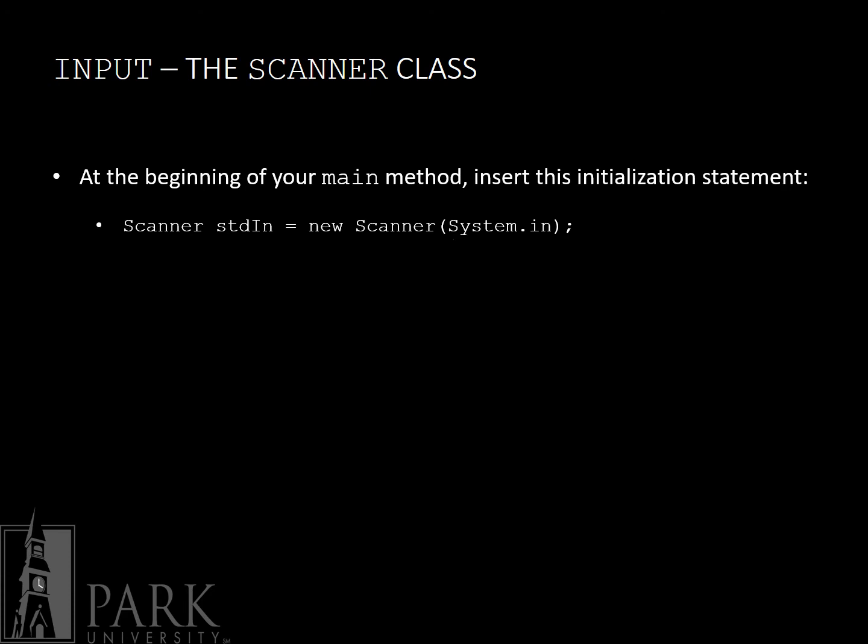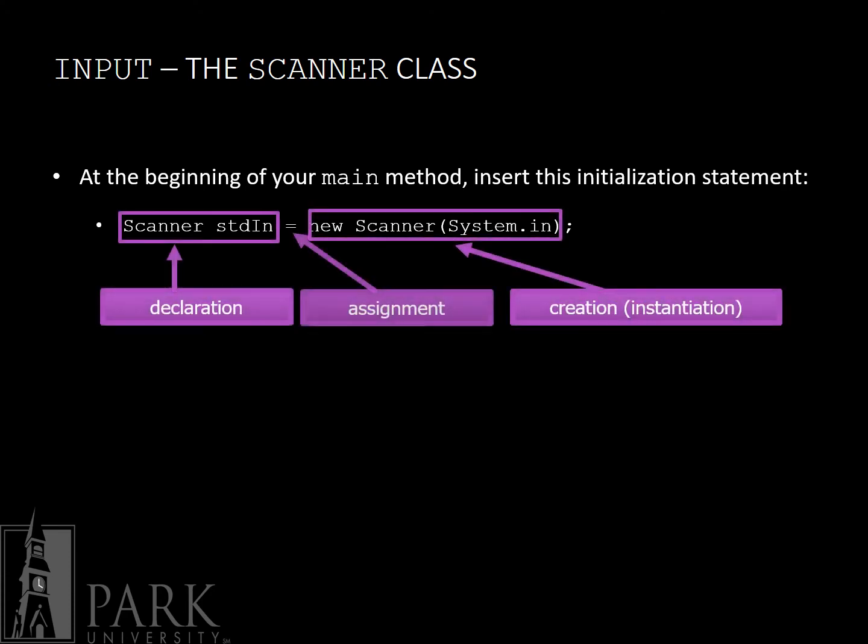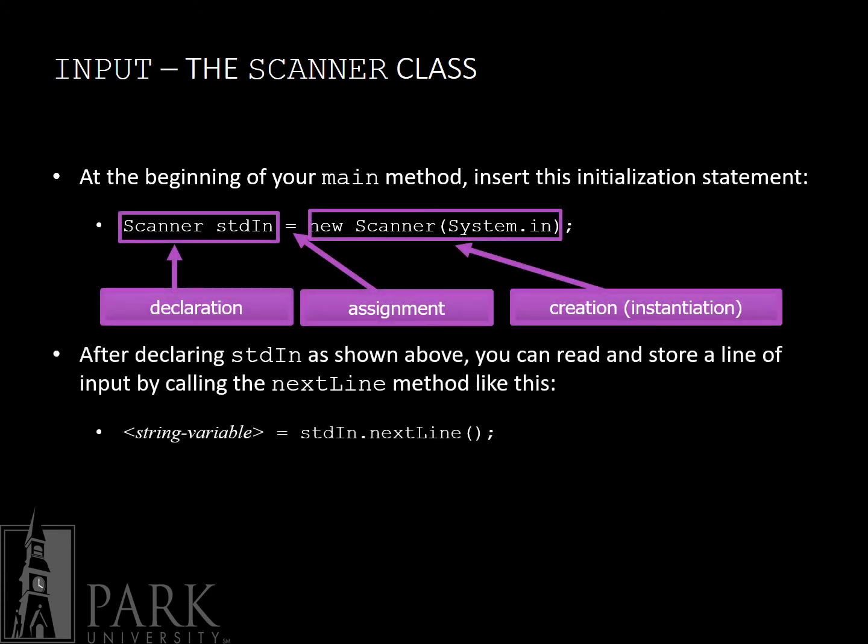Once you have initialized the scanner object, and that's what we did right here, this is initialization, remember, because we have a declaration and an assignment, which altogether equals an initialization. Once you have that done, we can get information from the user and store it in another variable. So we do that by using the next line method of our standard in scanner object.